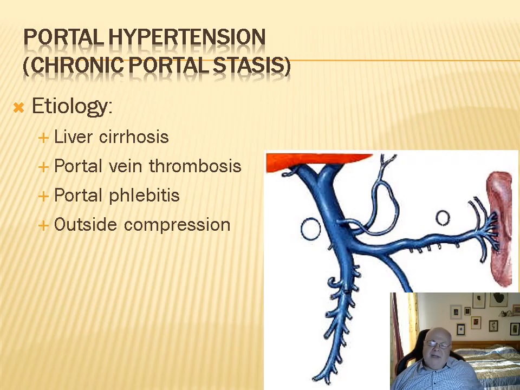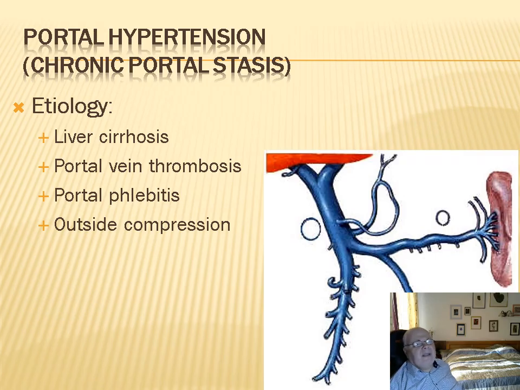Outside compression is a possible cause because veins have a quite thin wall. They have a muscular wall, but it's thin, very easy to be compressed from outside by a nearby tumoral process. And this nearby tumoral process, most frequently, behind the stomach we have the pancreas, the head of the pancreas more exactly.